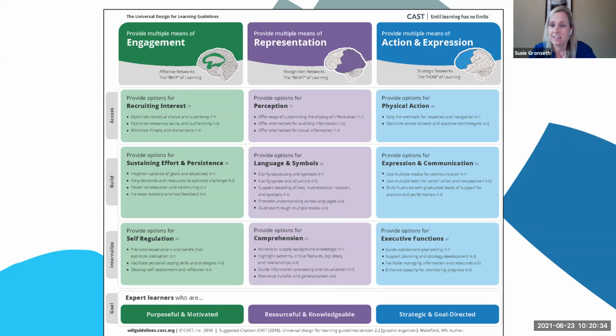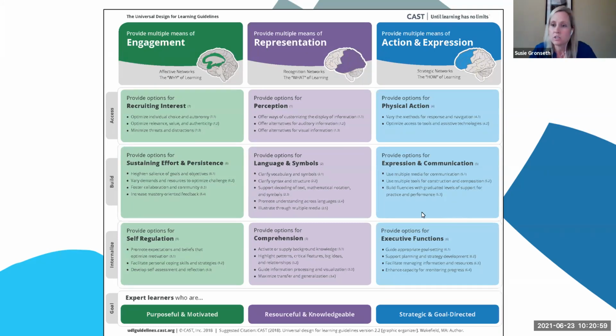I have the entire framework with the checkpoints on this slide. I would not recommend trying to look at all the checkpoints, but this is a global image of the framework. I would recommend going to the UDL guidelines so that you can look at it in a closer view.